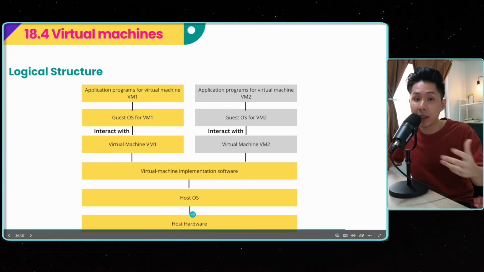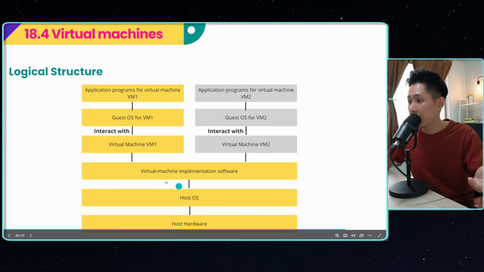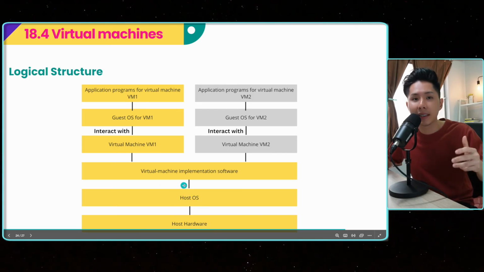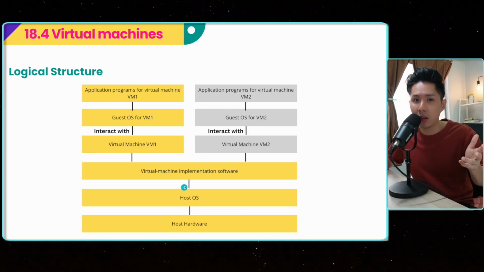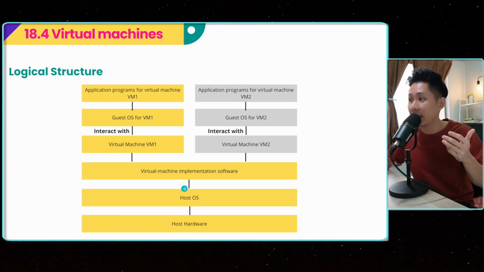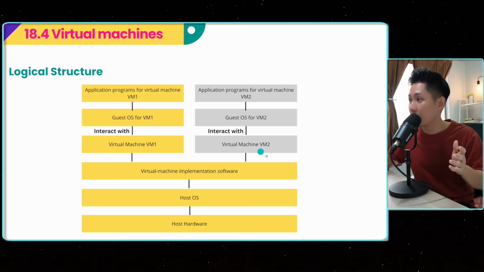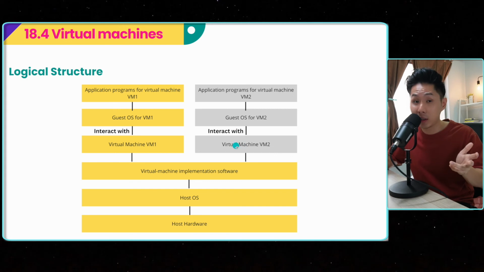Host hardware. For example, I'm using a Mac. Therefore, I'm using Mac OS. If I want to run Windows on my Mac, that's when I can install virtual machine software. This virtual machine software will allow me to install multiple virtual machines. Maybe I can install Windows and Linux here.